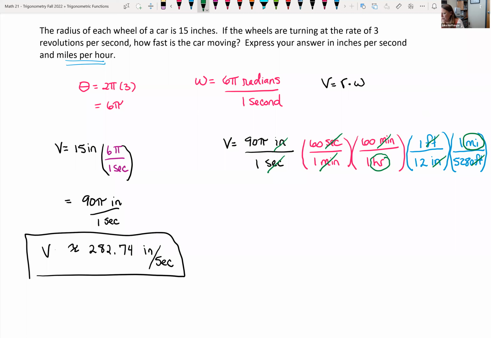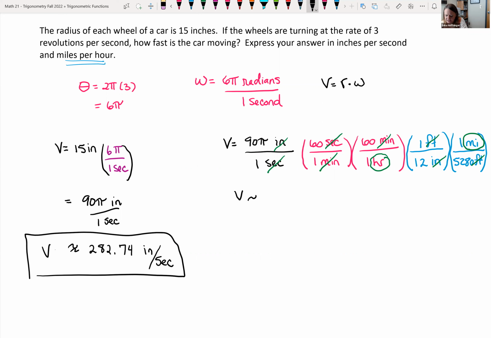I would probably start reducing before I multiplied through, but to save time, let's just multiply it through. So we have 90 times 60 times 60, and then I'm going to multiply that times pi.